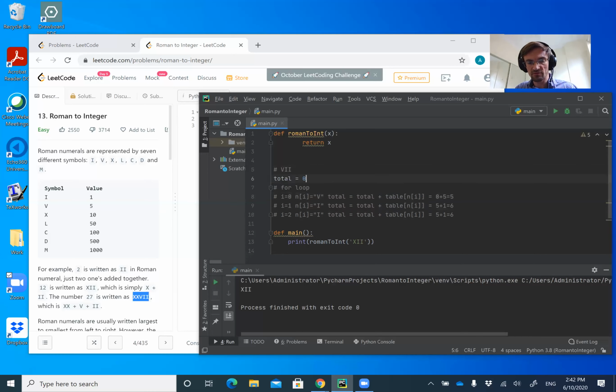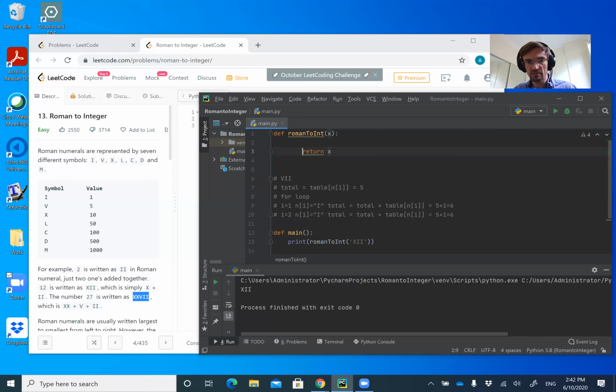We will lock in the first entry to be 5, and then we will start looping from 1.